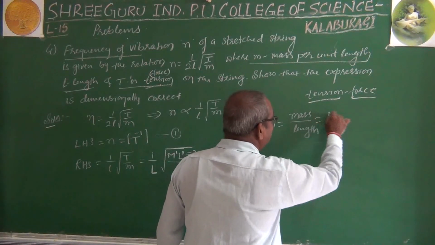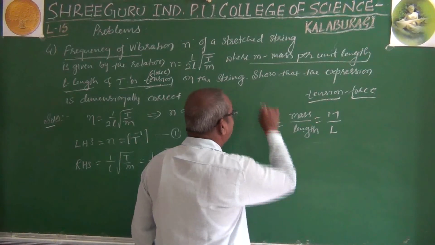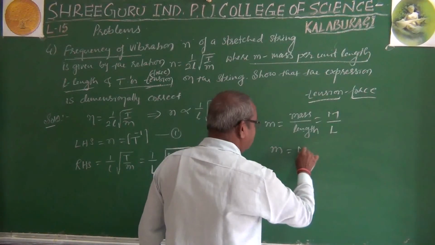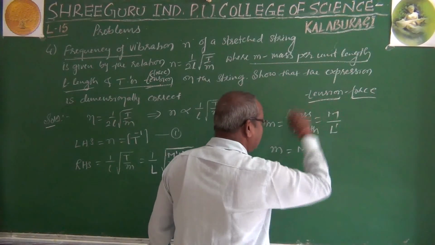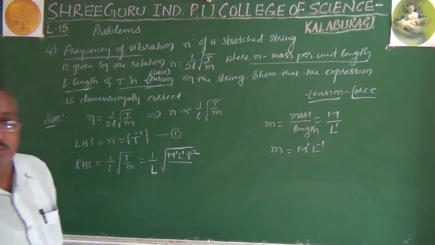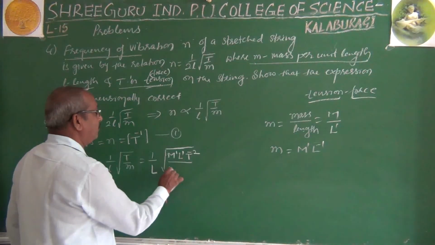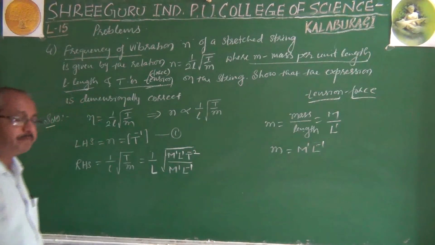The mass dimension is M, the length dimension is L. So the dimension for this m is M raised to 1, L raised to 1 in the denominator; taking it to the numerator, it becomes minus 1. So M raised to 1, L raised to minus 1, that we have to write here.